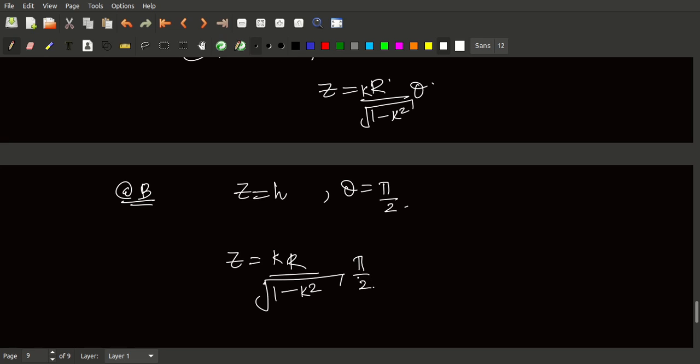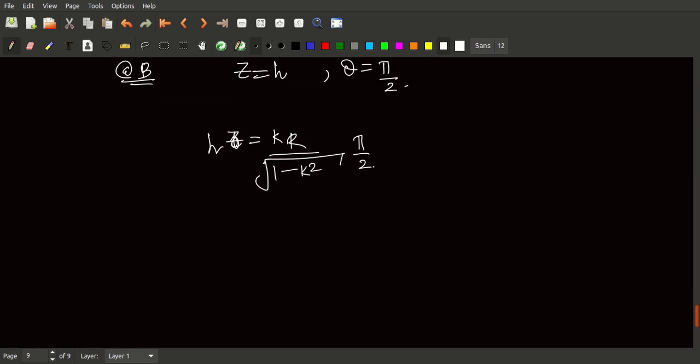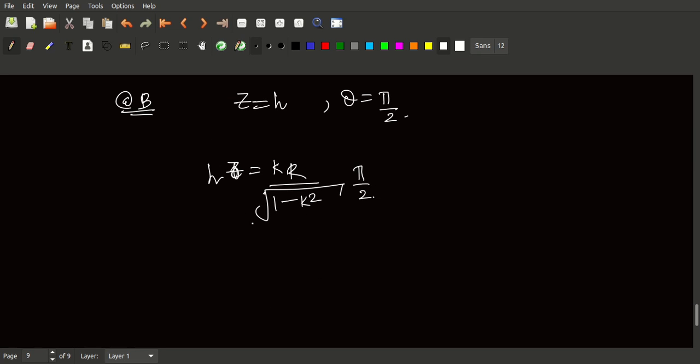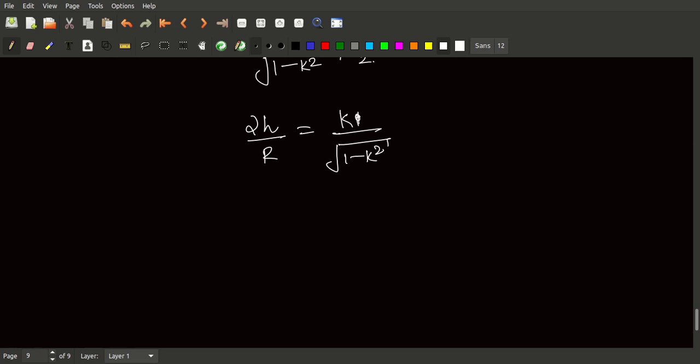Now z is at h, so I can substitute h here. Take all the constants to the other side, so 2h upon pi R is equal to k upon under root of 1 minus k squared. This is what we have. So this entire term is a constant. So we got this value.